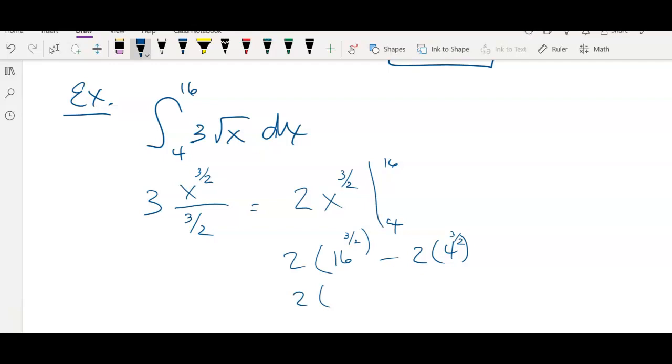So the square root of 16 is 4. 4 cubed, right? Square root of 4 is 2 cubed. So 128 minus 16 is 1.